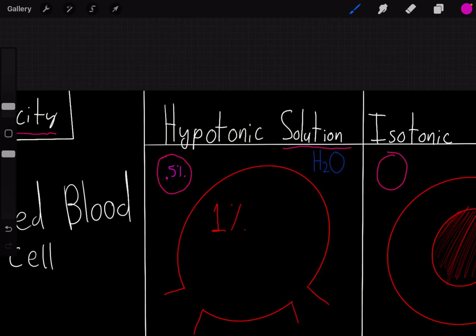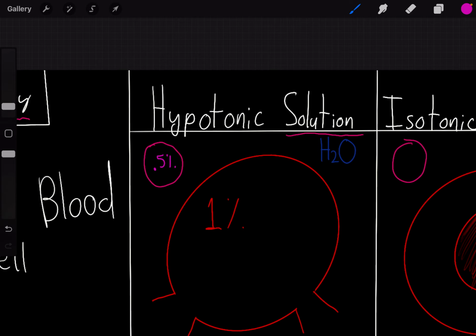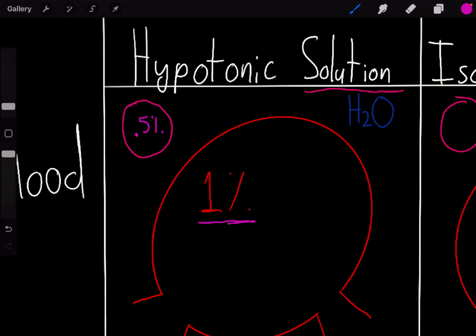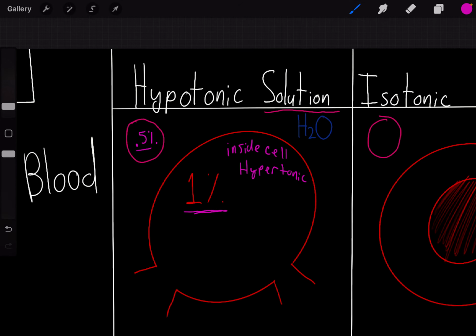Now again, we have to know that water goes from hypotonic to hypertonic. Looking at this right now, we can tell that this has a greater percentage than this. This makes the inside of the cell hypertonic, because placing a cell in a hypotonic solution makes the cell hypertonic.